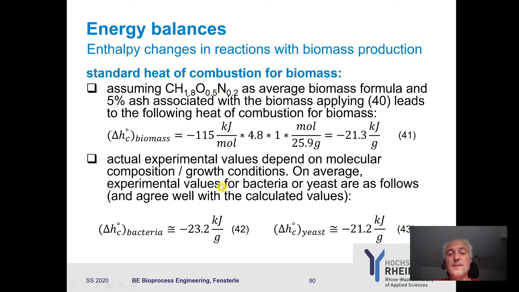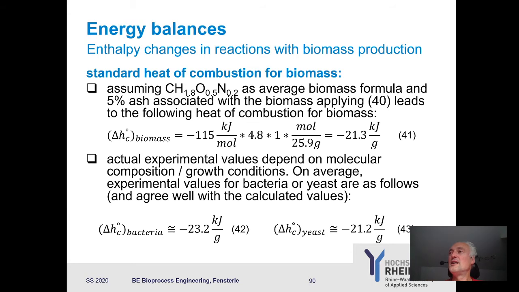If you go for experimental values of bacteria and yeast, bacteria has a heat of combustion of about minus 23.2 kilojoules per gram, yeast of minus 21.2 kilojoule per gram. And you see, we are quite exactly in this range, so this is not too bad. This means that we could use this calculated value, or, if the value is listed, we can also use the listed value.